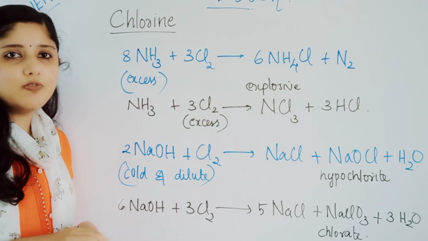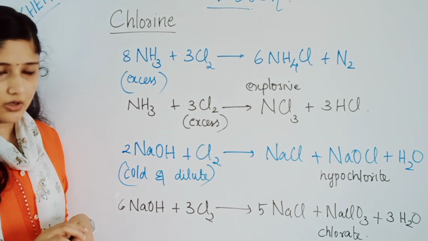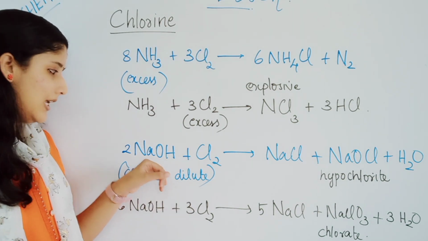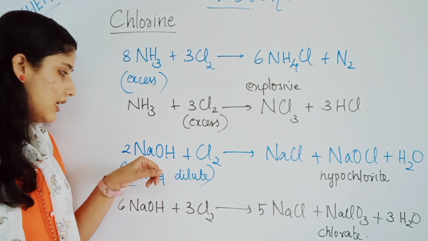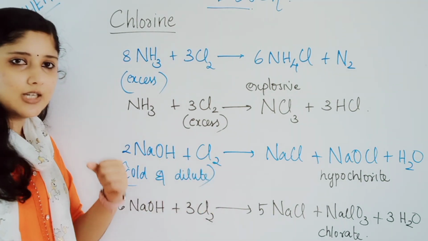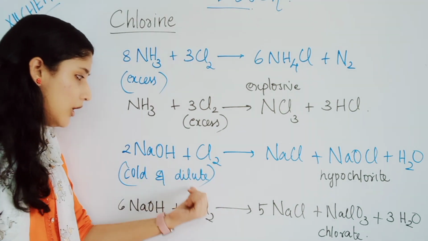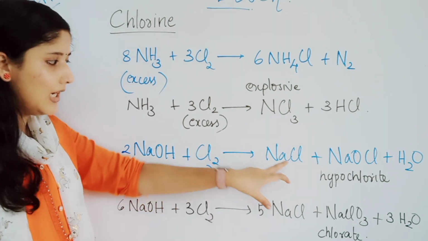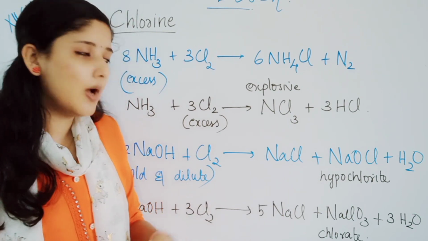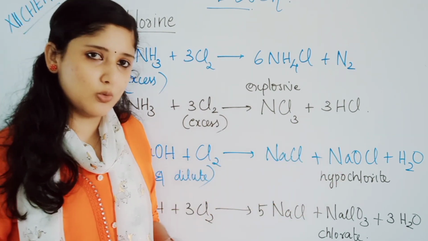Similarly, reaction with alkalis is also important. Chlorine, when treated with cold and dilute alkali, for example NaOH. Consider NaOH is an alkali, isn't it? When chlorine is treated with cold and dilute alkali, you will obtain sodium chloride plus NaOCl, sodium hypochlorite, plus H2O.